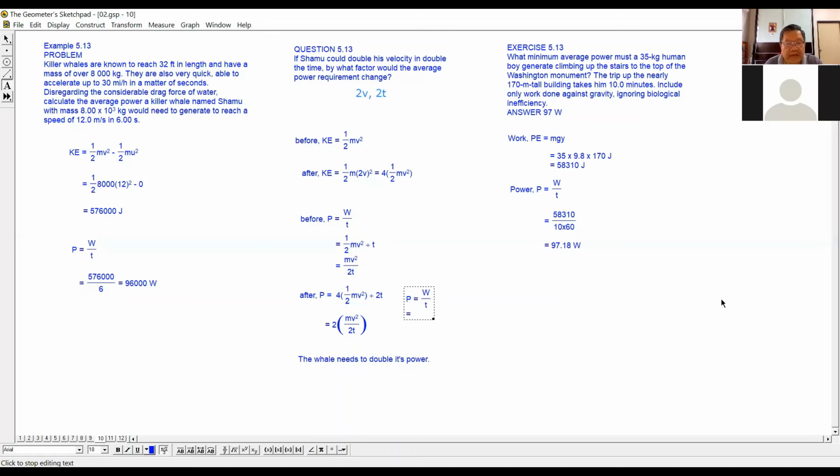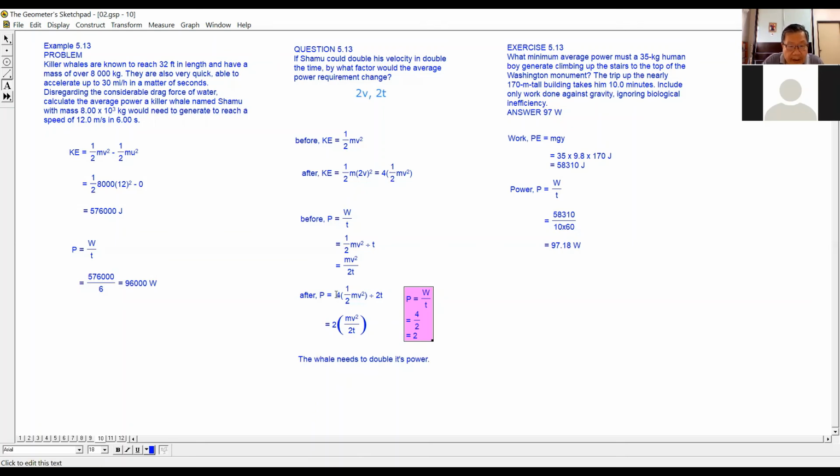Okay, the energy used is 4 times, and the time taken is double, 2 times. So 4 divided by 2 is 2. Right? So the power needs to double. You don't need to 4 times the power. Need to double the power.